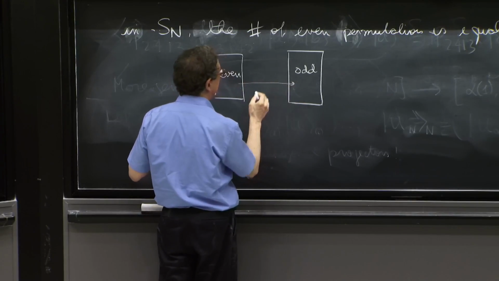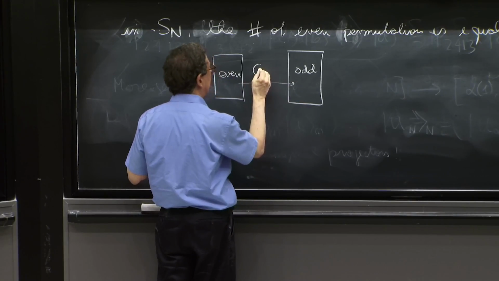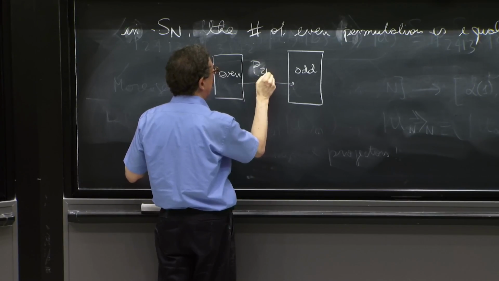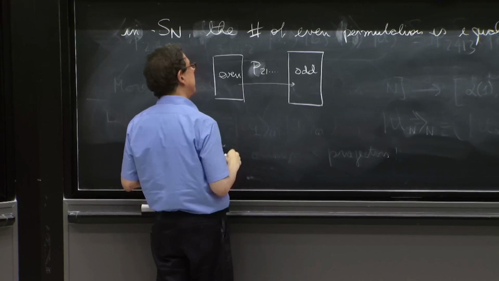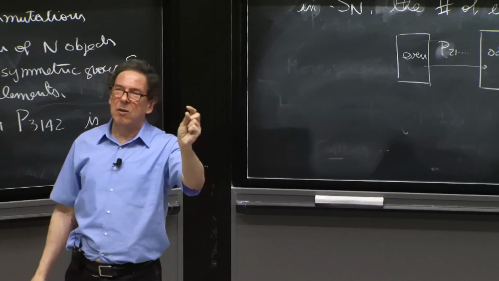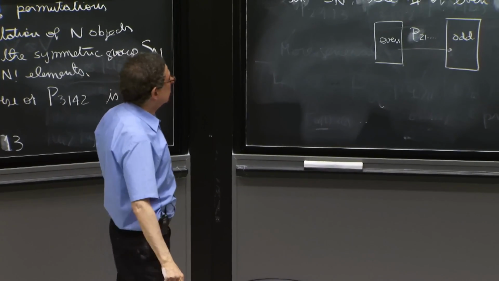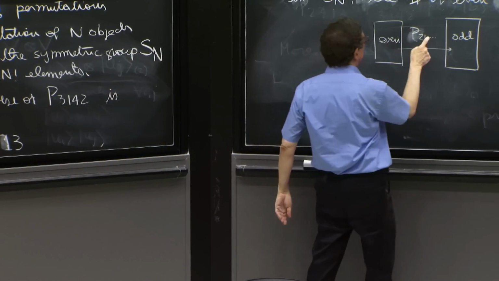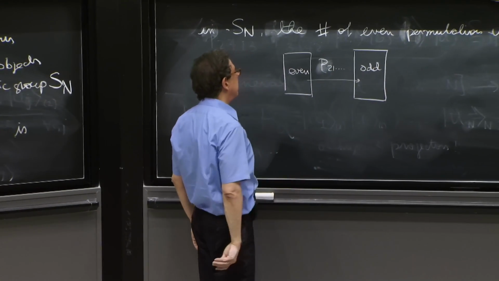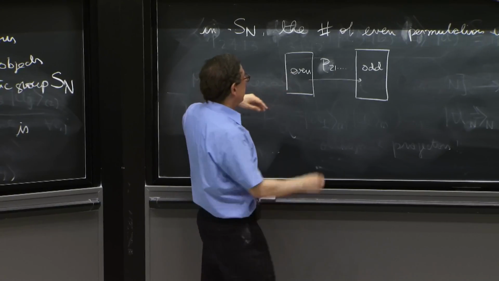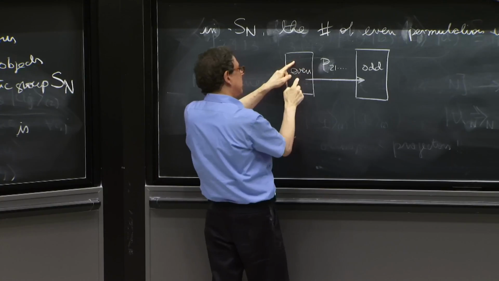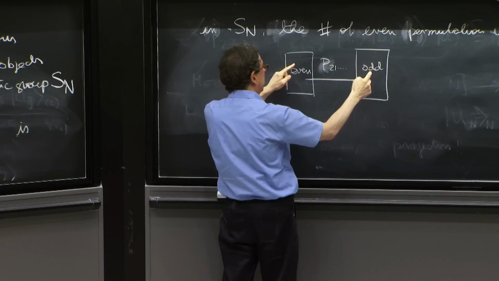So suppose you have a permutation, how should I call it? P21. You leave everything the same, but you have P21. That permutes the second and first labels. Since it's an Sn group, the rest are left invariant, so 3, 4, 5, 6, 7, 8, 9, 10. And you say this maps any permutation here into a permutation there.